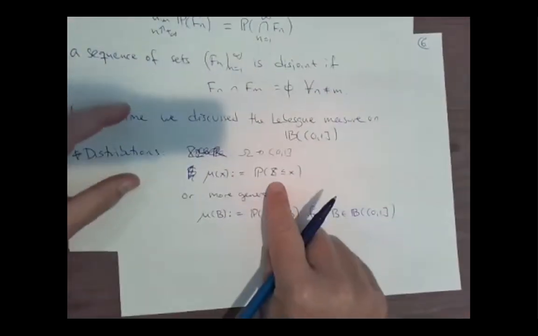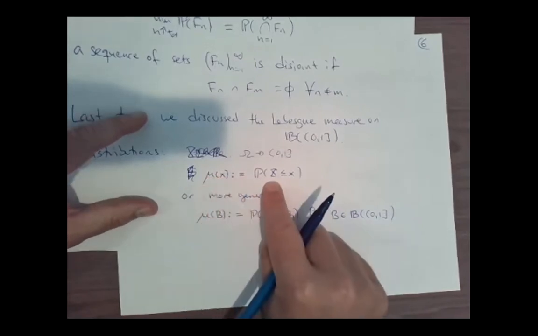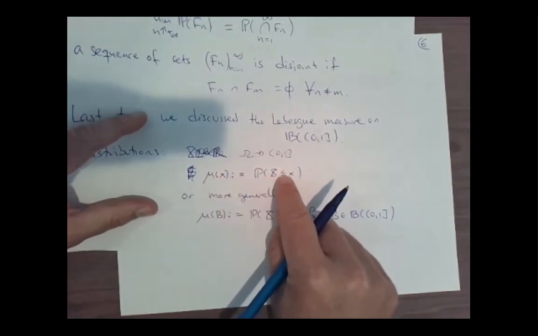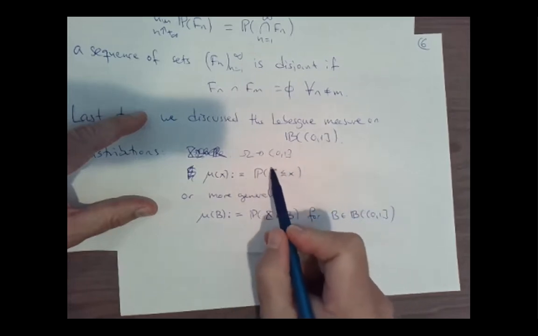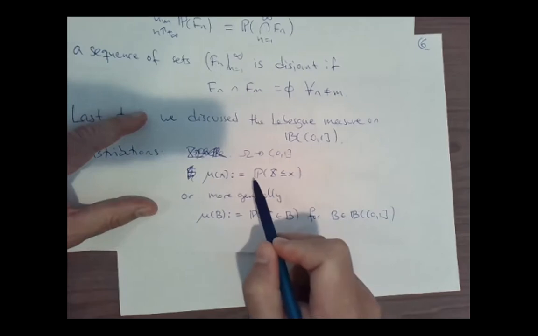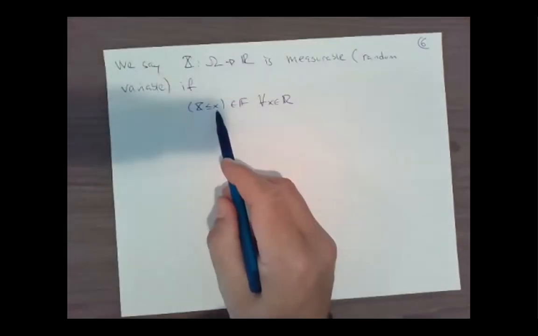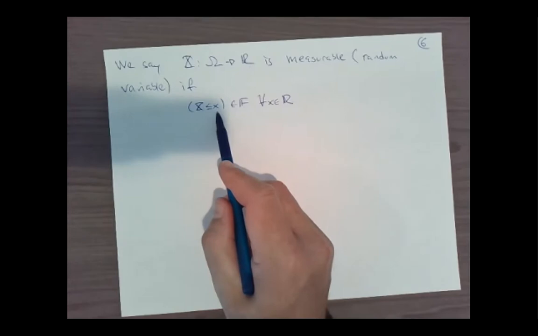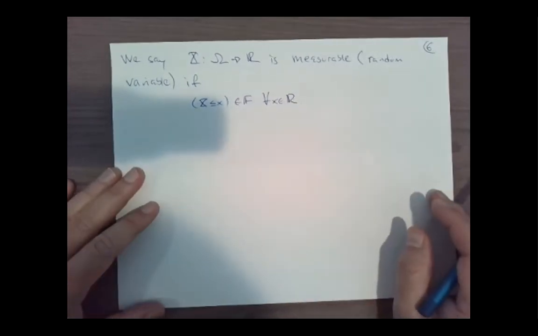Here I'm writing the distribution function. The distribution function is P(X < a constant). So for this to make sense, I need this set to be in P's domain, and P's domain is F. So for this to make sense, I do need this to be measurable. And so that's what it means to be measurable.